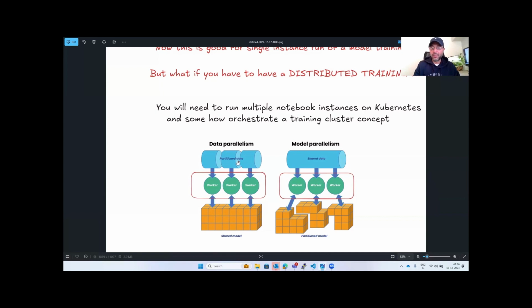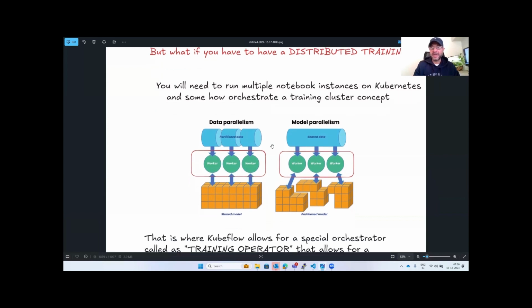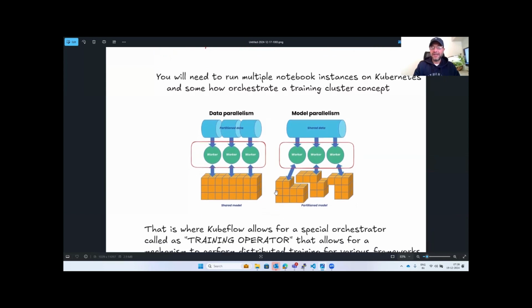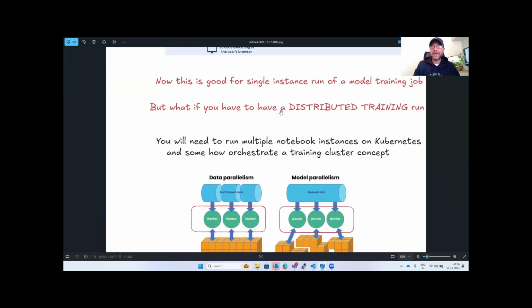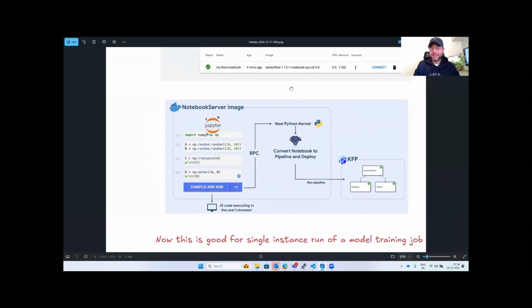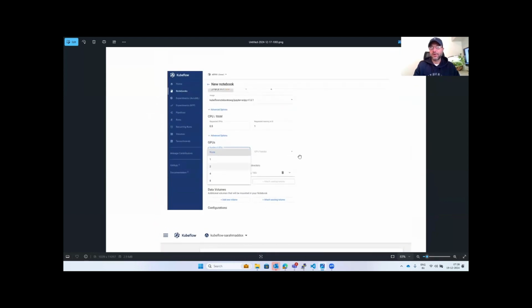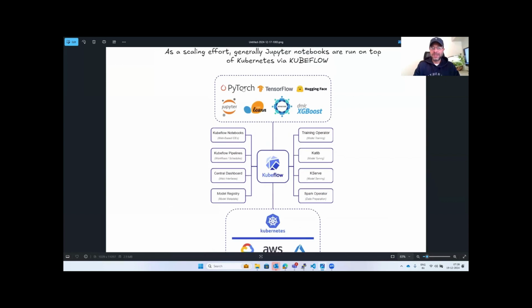So data parallelism and model parallelism. Now, obviously, these are theoretical concepts. In reality, when you have to deploy these, you have to take the support of whichever framework you are using. You could be doing things in PyTorch, or in TensorFlow or something else.